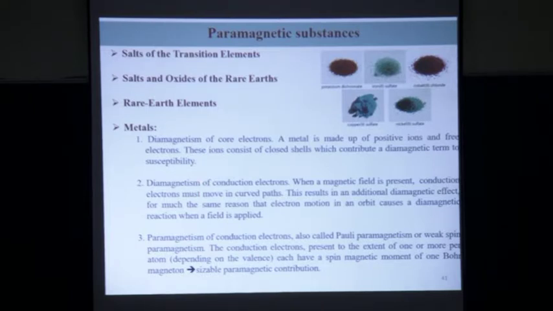When you apply the field, they oppose the field. In the case of the conduction electrons, they have a spin magnetic moment. Each electron has a spin, and that spin of one Bohr magneton gives rise to a paramagnetic contribution.